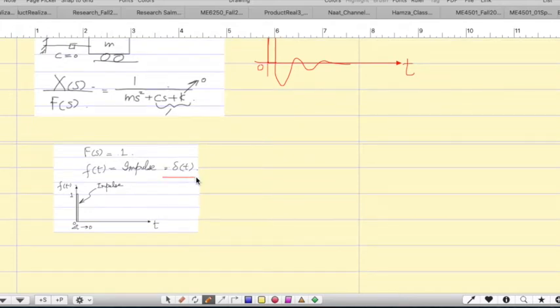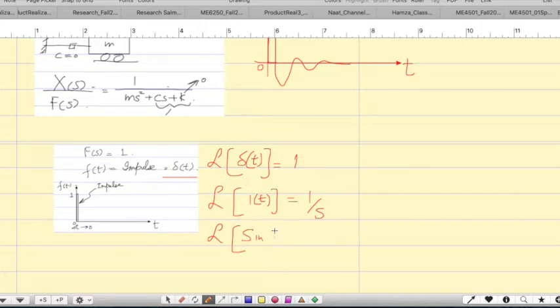And the impulse, in the control theory class, we have learned different types of driving input. Impulse is represented by this delta function, and the Laplace transform of an impulse is 1. And similarly, you should remember the Laplace transform of a unit step is 1 by s, and the Laplace transform of a sine signal is 1 over s squared plus 1, or if it is sine omega t, it is omega over s squared plus omega squared.